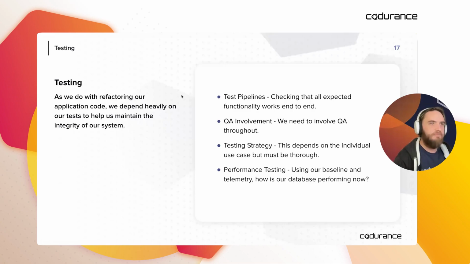And the performance testing. Hopefully, at the beginning of the conversation, we used our tools and our telemetry, our logs and things like that to identify what our baseline was. When you get towards the end of the process, you can use that to see if you've achieved what you want to achieve.